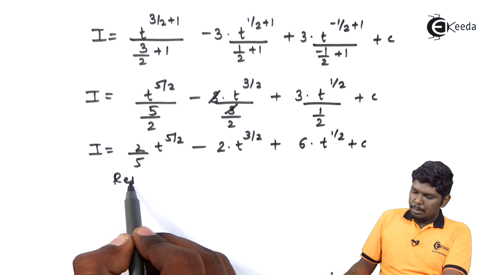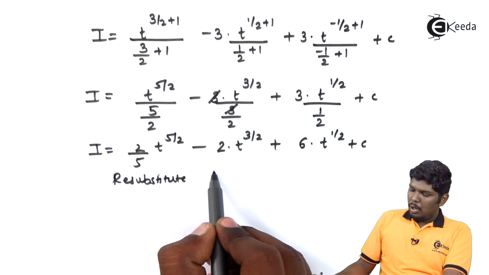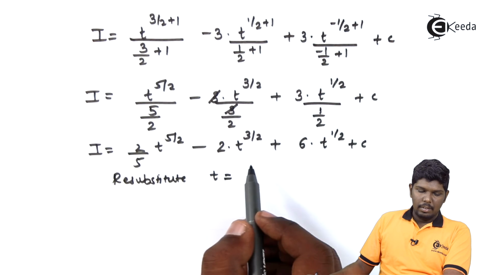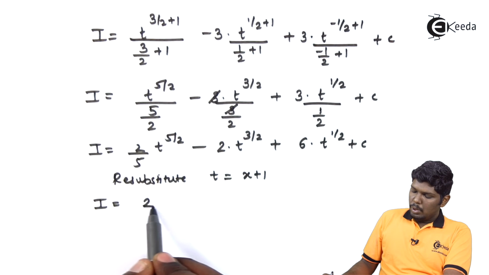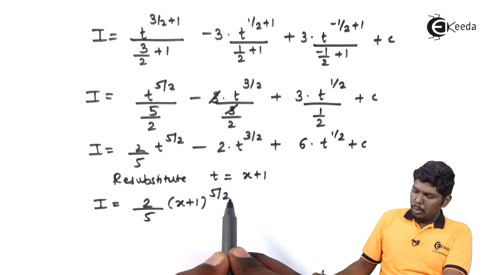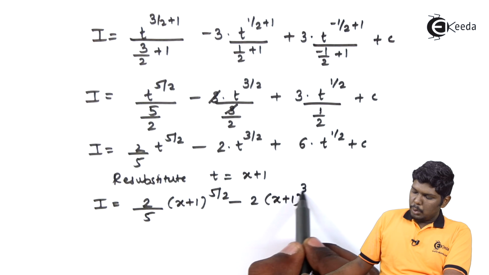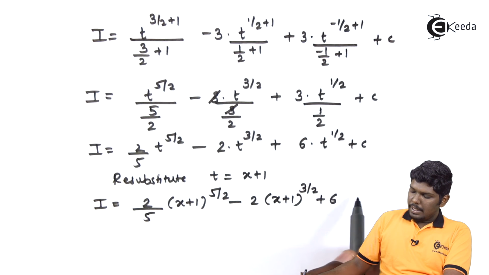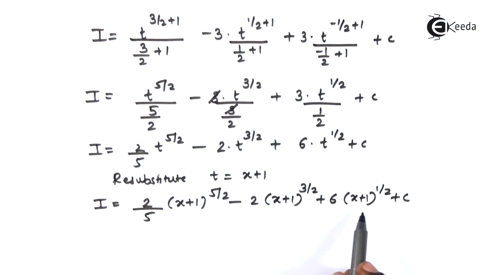Now we can resubstitute the value of t as x plus 1, that will give you 2 by 5 x plus 1 raised to 5 by 2 minus 2 into x plus 1 raised to 3 by 2 plus 6 into x plus 1 raised to half plus c. This is our final answer.